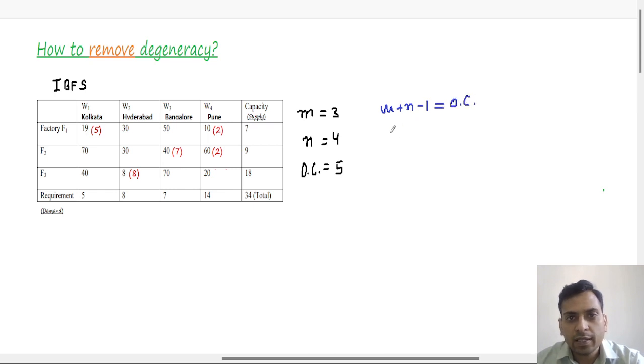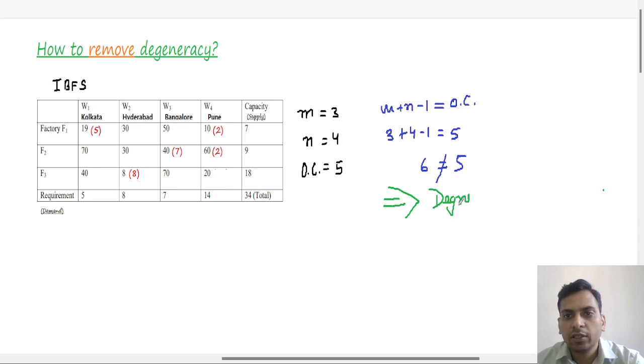But in this case, m is 3, n is 4, minus 1, and occupied cells are 5. So this total is 3 plus 4, 7, minus 1 is 6. This is 5, which is not equal. So this implies this is the case of degeneracy. There is existence of degeneracy.